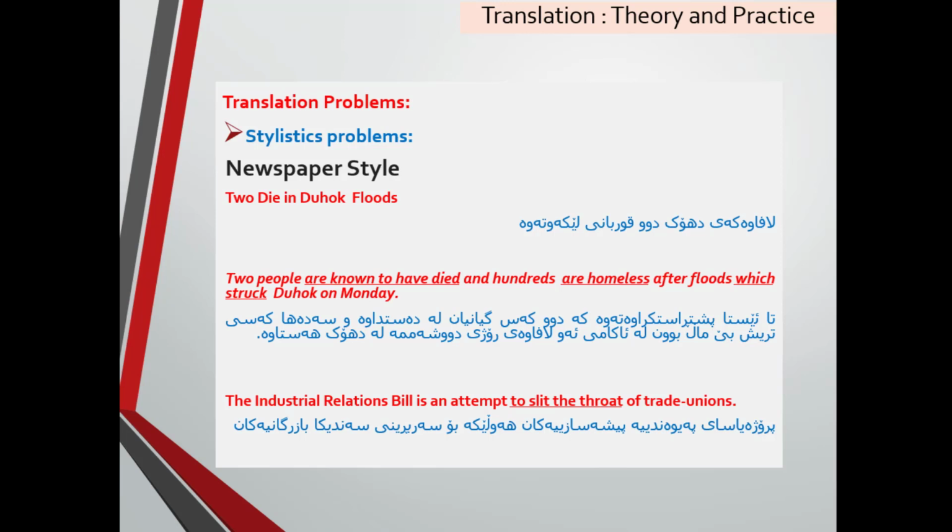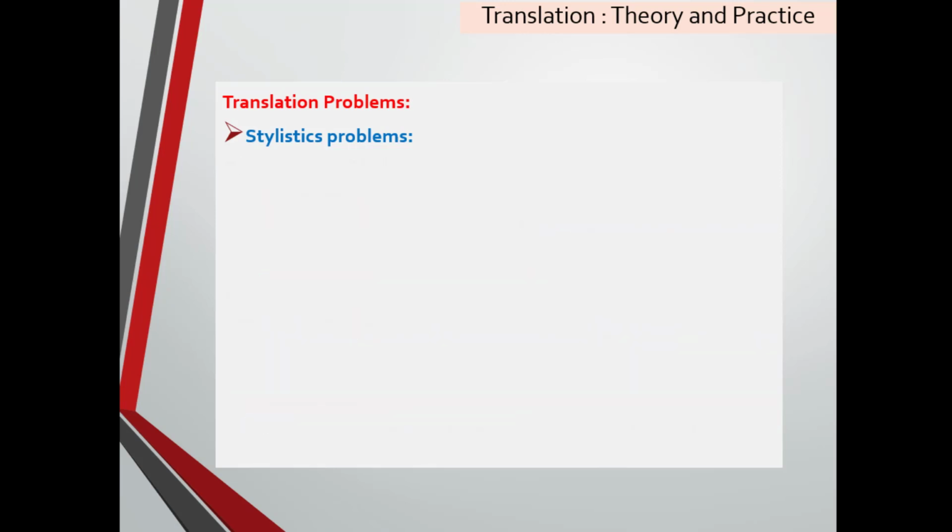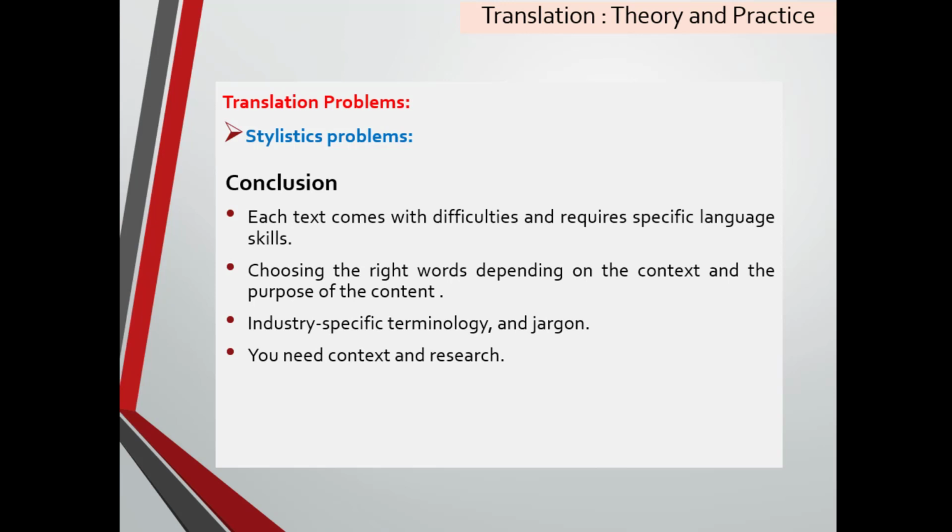So I hope by now we know what we mean by stylistic problems that translators might face, because each style has its own features related to language, especially the use of special terms, special cliches, special set expressions and even metaphors.